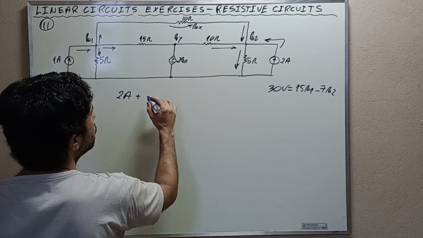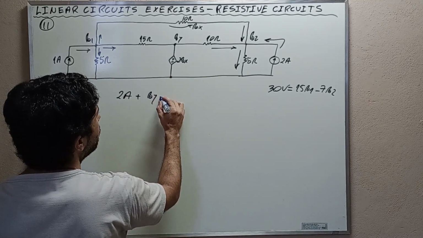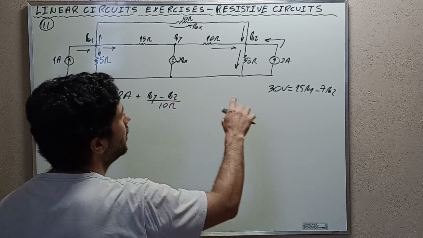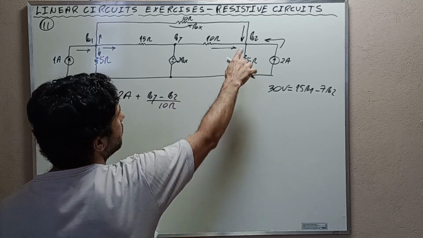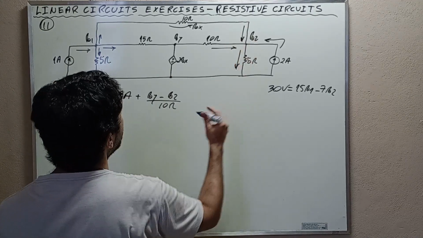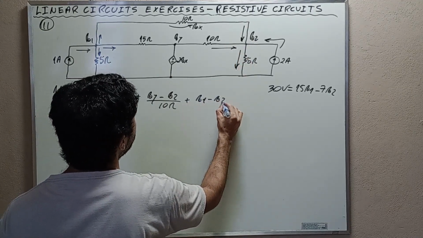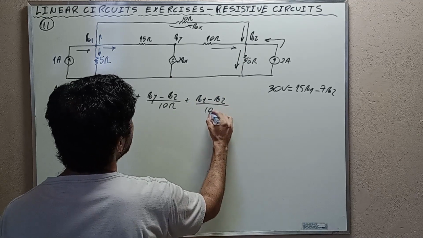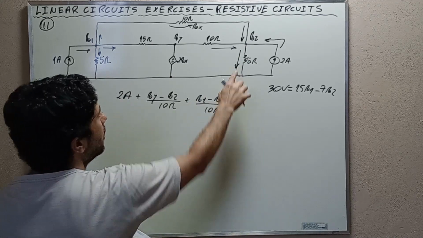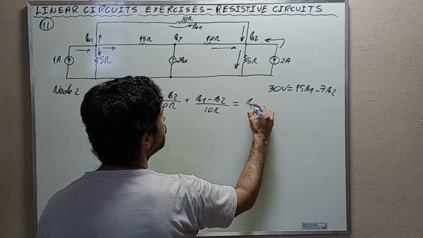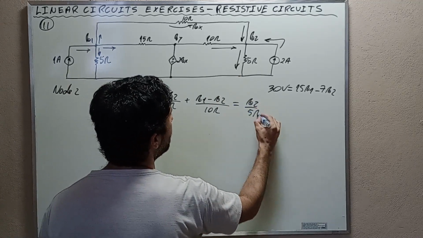This is equal to Vy minus V2 divided by 10 ohms, and this current here also enters the node. This is equal to V1 minus V2 divided by 10 ohms, and the only current that leaves the node is this, and it has to be equal to V2 divided by 5 ohms.